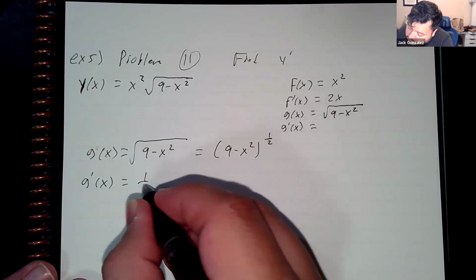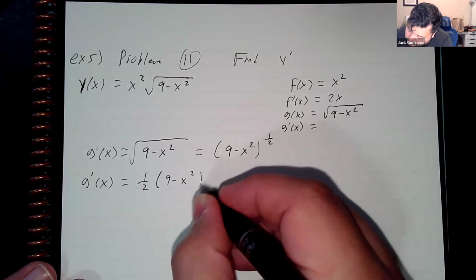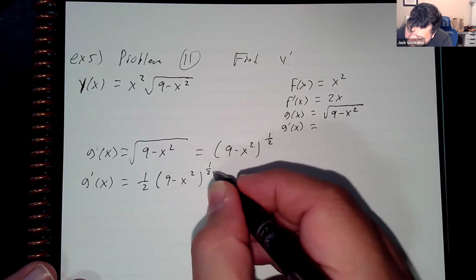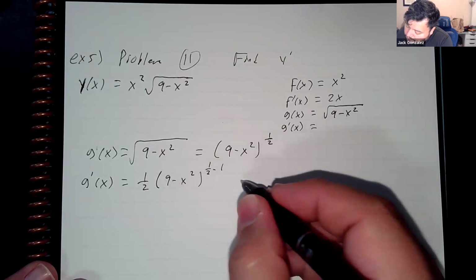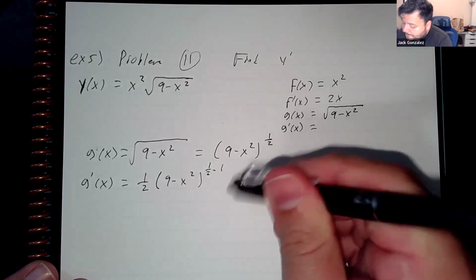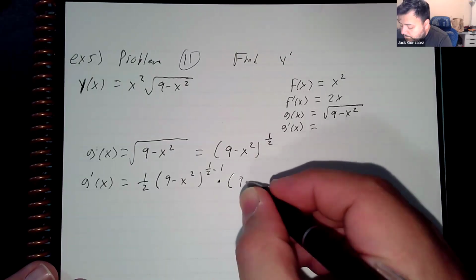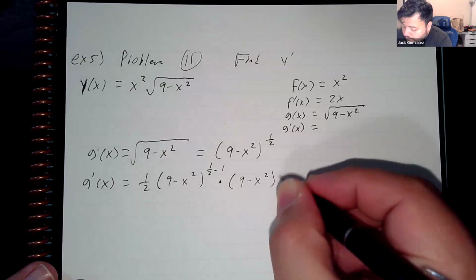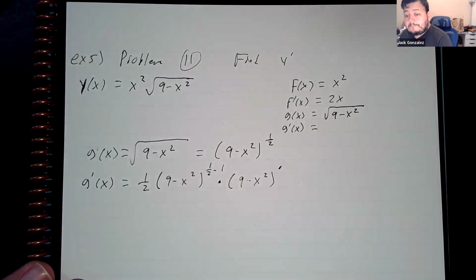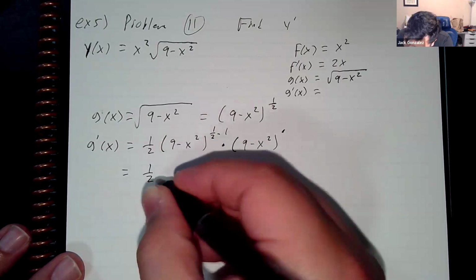So G prime, bring down the 1/2. But then you have to multiply by the derivative of the inside. See what I mean? So this time I'm doing it all at once instead of showing out the pieces.